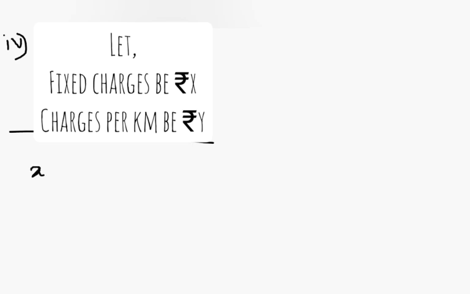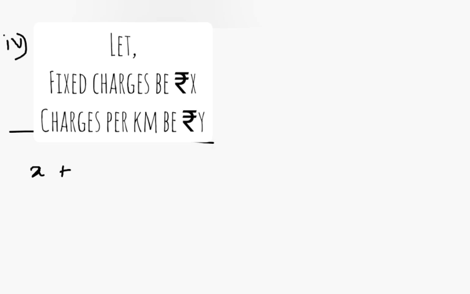Now whenever such type of questions are given, the fixed charges will always be added. No matter how much they travel, the fixed charges will always be added, and then the distance, or whatever unit is given in the question, is written with the charges per kilometer.